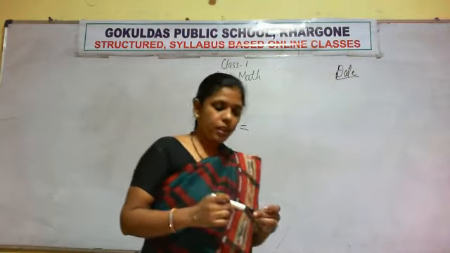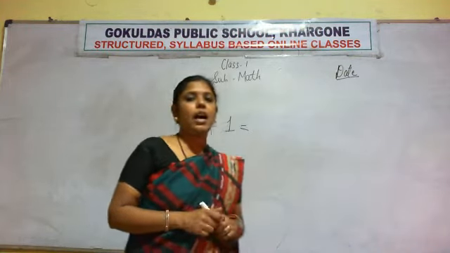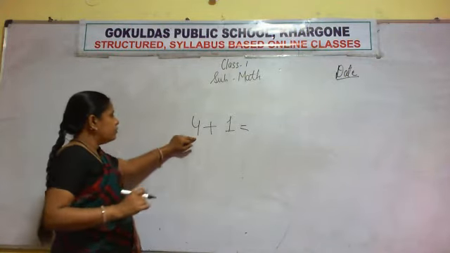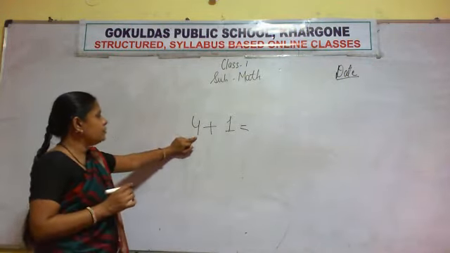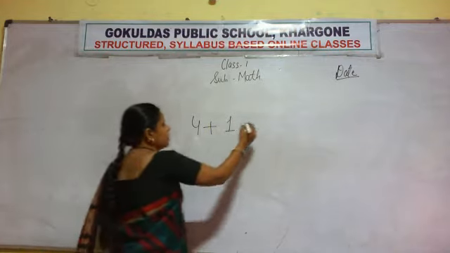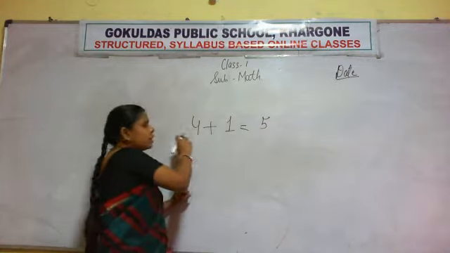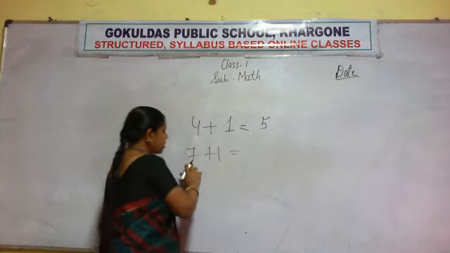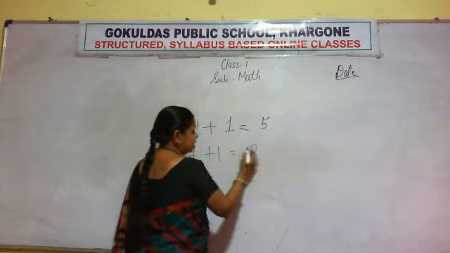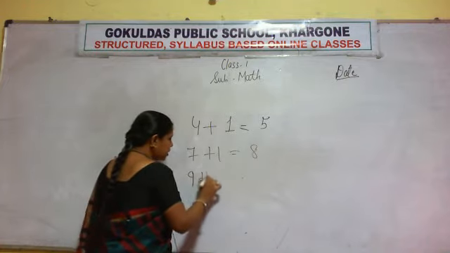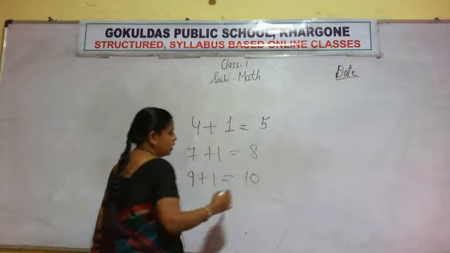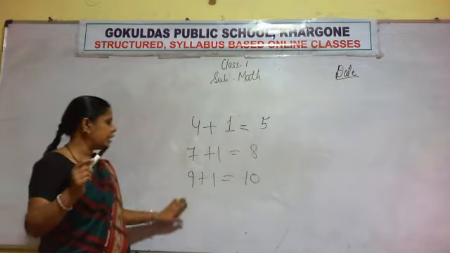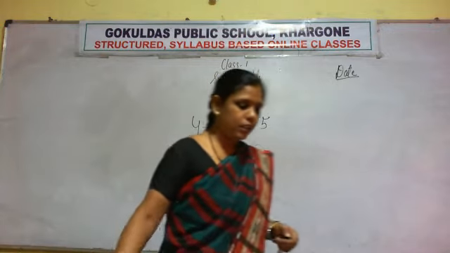Whenever we add 1 to any number, we get the after number of the number to which 1 is added. So 4 plus 1 will be 5, and 5 is the after number of 4. 7 plus 1: the after number of 7 is 8. 9 plus 1 is 10. Whenever we add 1 to any number, we get the after number as the answer.